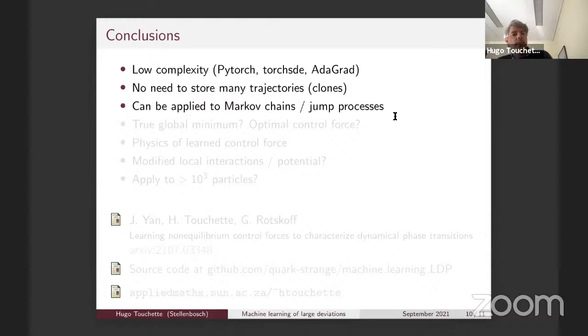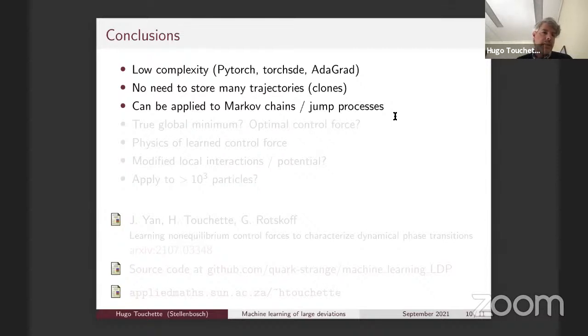What I've discussed has some advantages over the other methods that have been devised so far. One is that it's low complexity. We have the code available, and you can see most of the code is actually built from off-the-shelf packages that you can use for neural networks, especially if you're only using standard backpropagation and not the adjoint method.